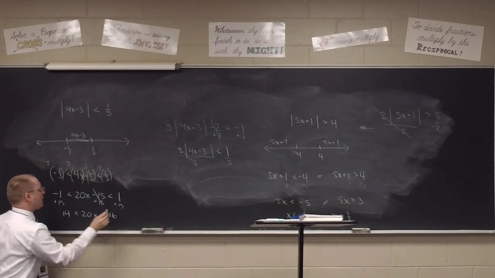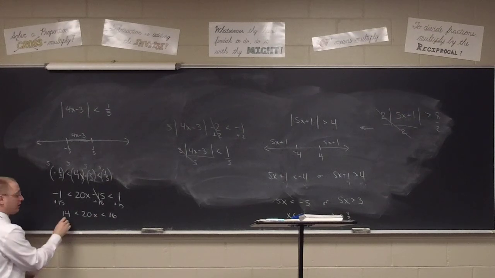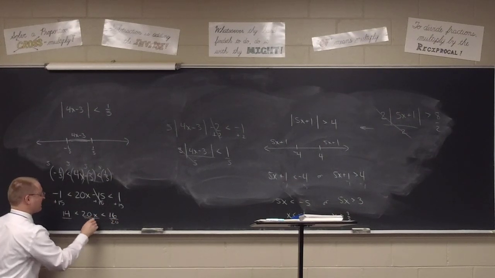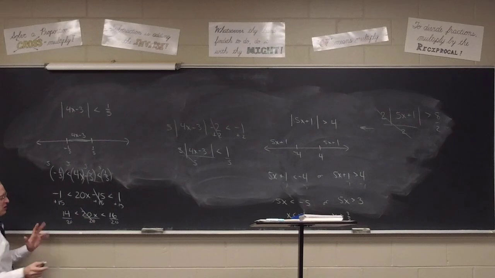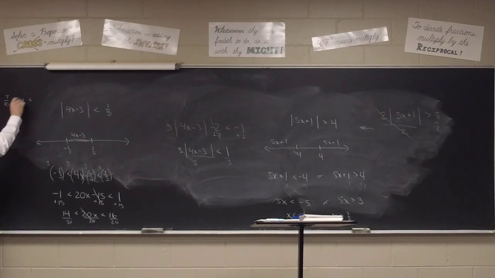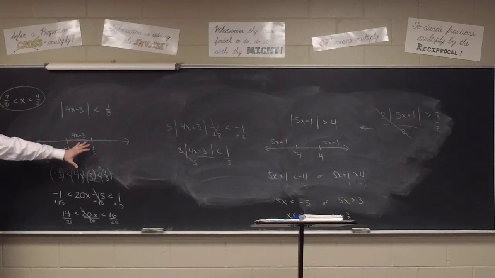And to finish it out, class, just divide away the 20. Now, unfortunately, this does create some fractions I have to reduce, which is a little annoying. What is 14/20 reduced to, anyone? 7/10 is less than x is less than 8/10, or divide by 4, 4/5. And there would be our answer. Questions on the absolute value inequalities? Do you feel like we understand those better now?